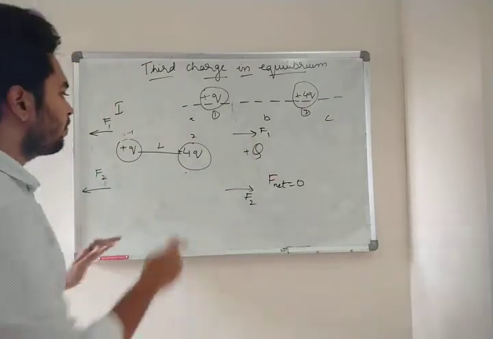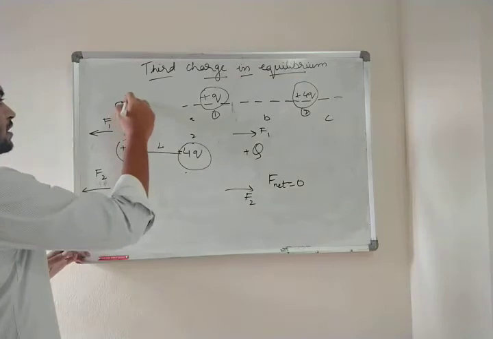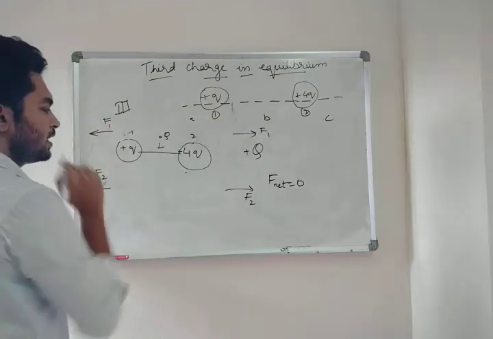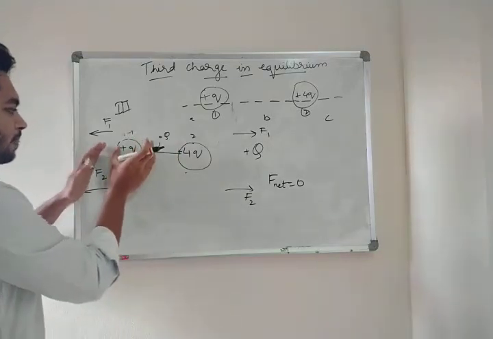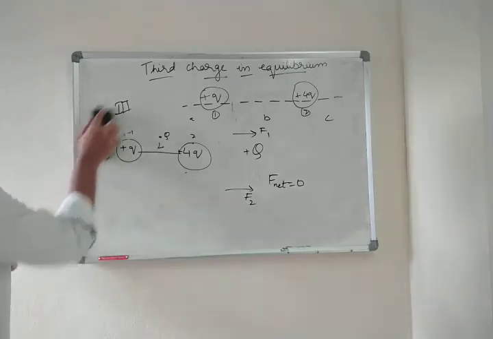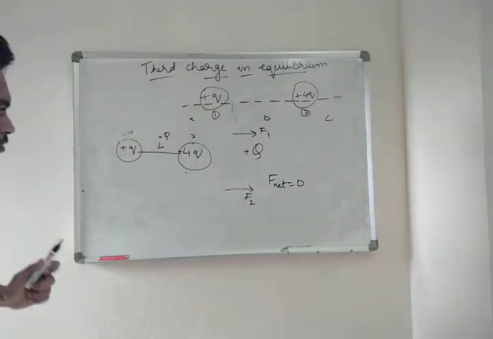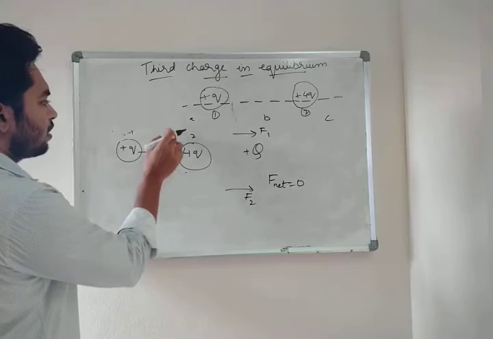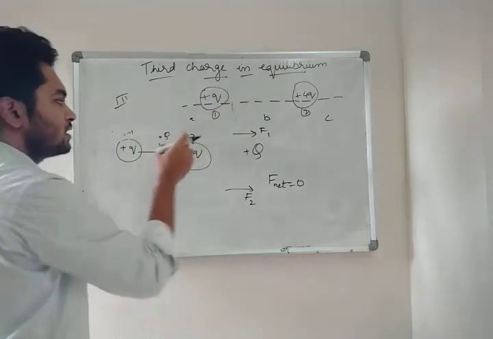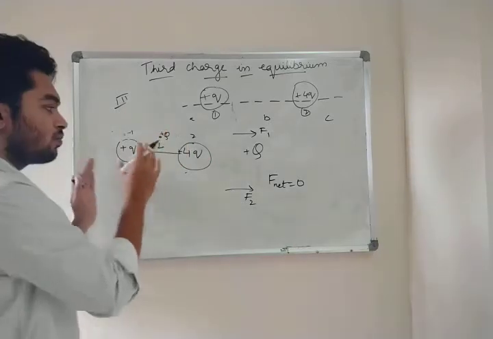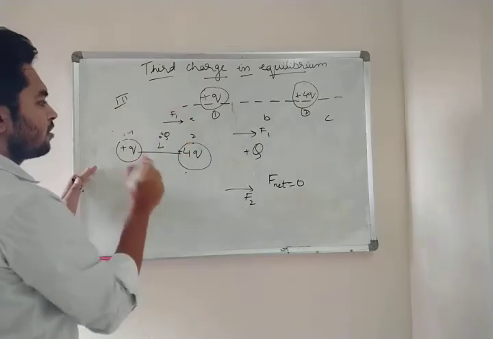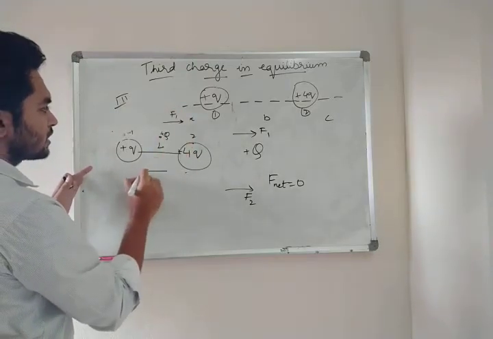But if you place this positive charge, our case 3, if I place this positive charge Q in the middle of both the charges, force due to 1 is in this direction, F1, and force due to 2 is in this direction, F2.